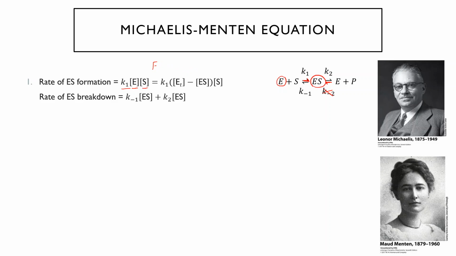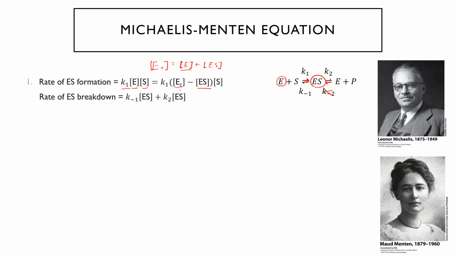In other words, the total enzyme is equal to the free enzyme plus the enzyme substrate complex. So to get this in terms of just the enzyme substrate complex concentration, the free enzyme concentration is equal to the total enzyme concentration minus the enzyme substrate concentration. So that is our rate of ES, enzyme substrate, formation.